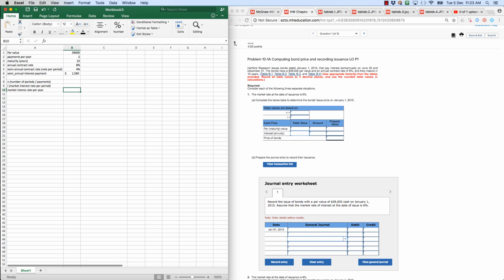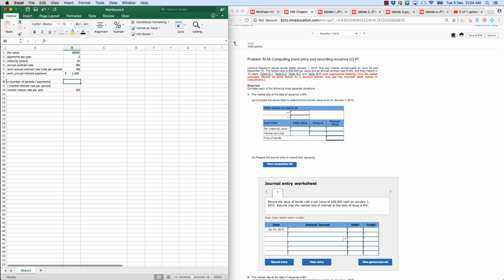So here it tells us the market rate at the date of issuance is 6%. That means that since the company decided to sell these bonds with a contract rate of 8%, the interest rate has fallen. So now this is a really good interest rate compared to 6%, which is what investors could get someplace else. So back to N and I.